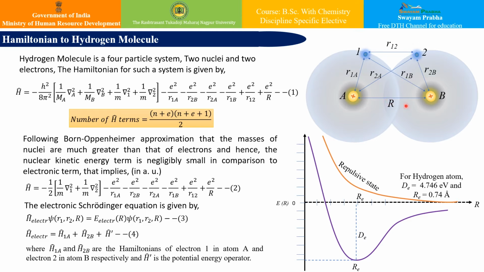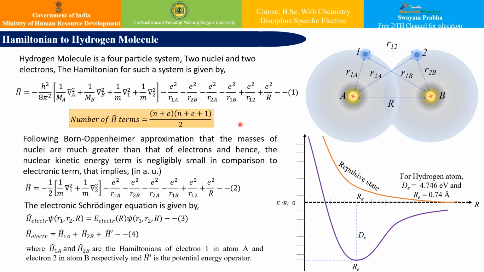Capital R is the distance between these two hydrogen atoms, that is the internuclear distance, we can say bond length. Likewise, R2A is the distance between hydrogen atom A and the second electron, and R1B is the distance between hydrogen atom B and the first electron. Now all these terms are required to set up the Hamiltonian.